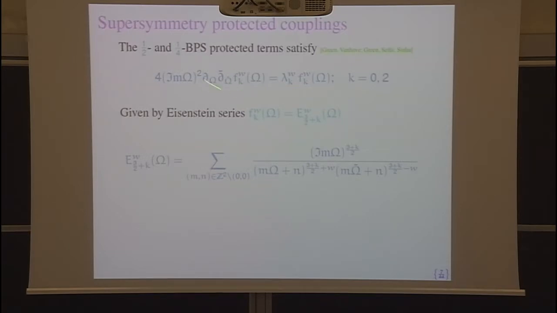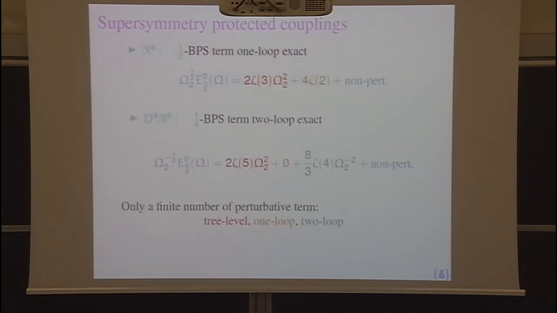if I look at the R to the fourth term that is half BPS and the D to the fourth R to the fourth that is one quarter BPS, then supersymmetry gives you a very simple eigenvalue equation which is solved by this Eisenstein series. Simple. So let me look at what it is.